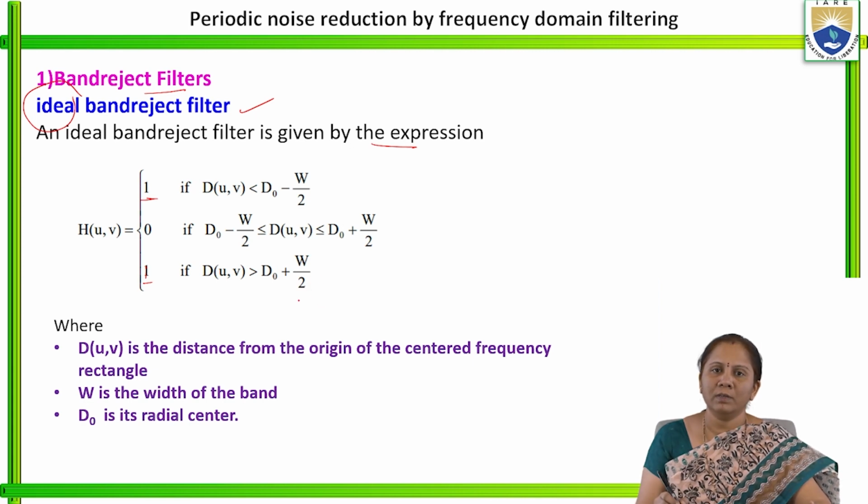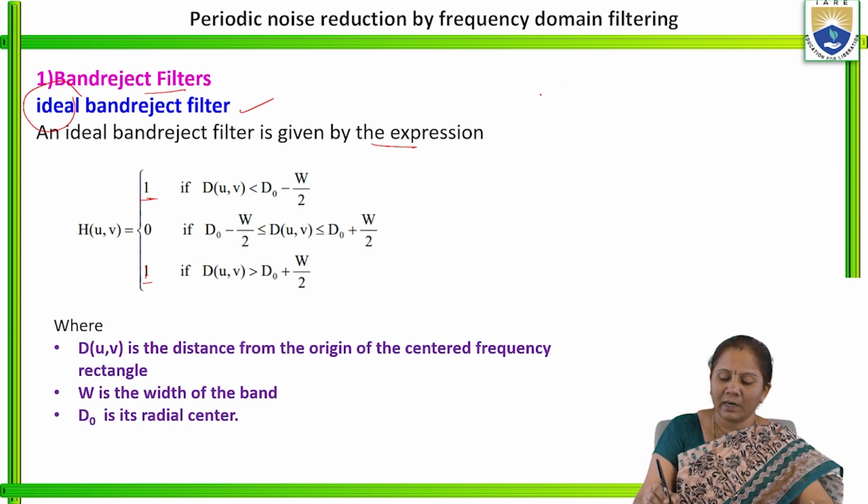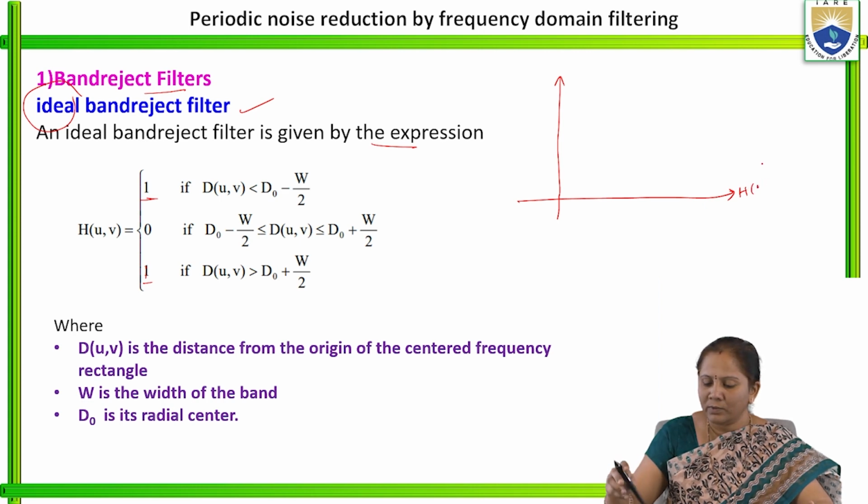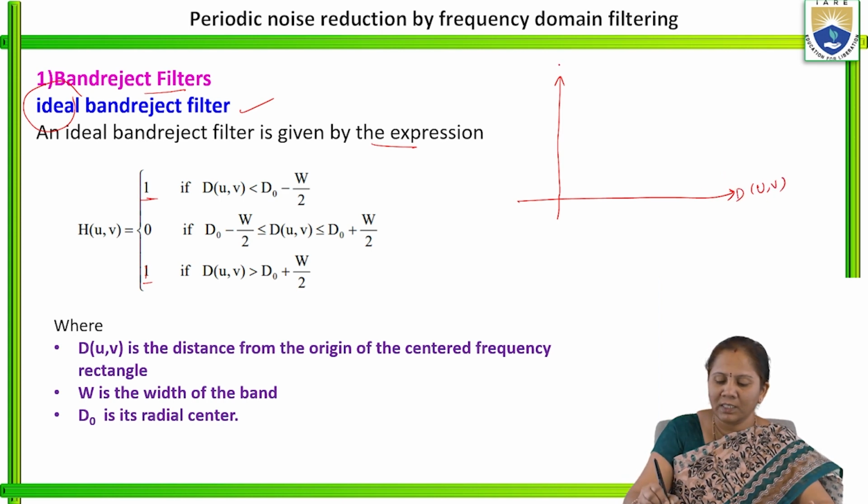As we have learned in the previous graph, let us draw how the band reject filter looks. This is D of u comma v, and this is H of u comma v.